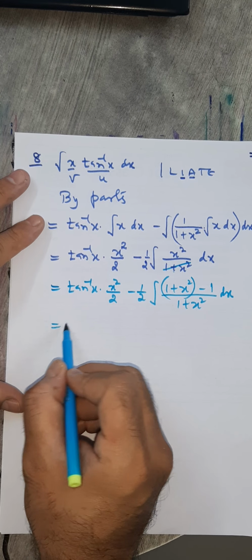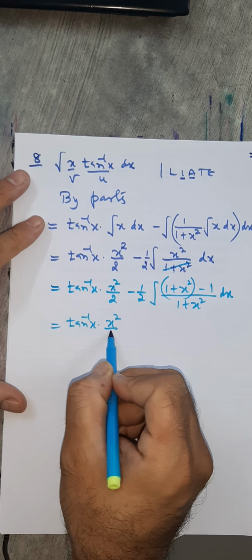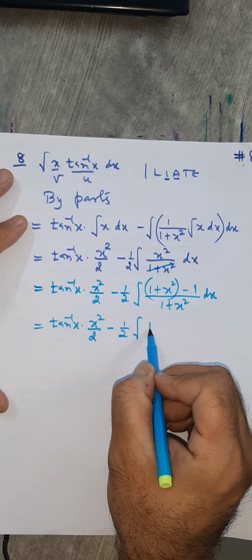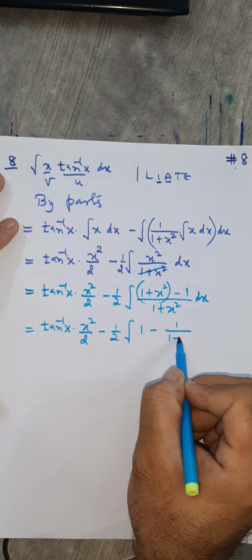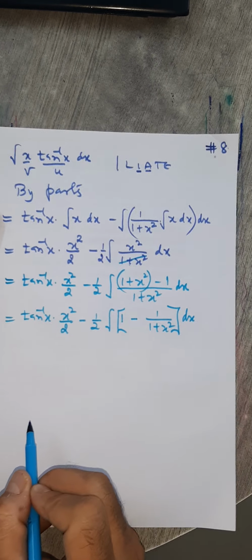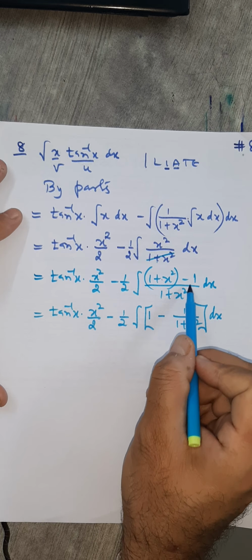So x squared by 2 minus 1 upon 2, this upon this, which is 1 upon 1 plus x squared. Individual division, this upon this minus 1 upon this.